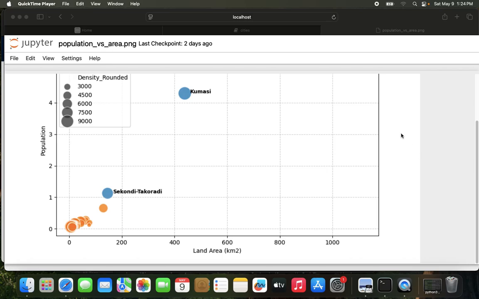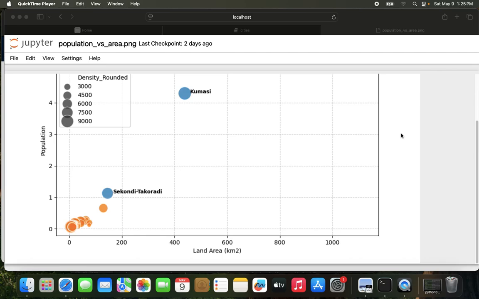In the previous tutorial, we visualized our data, which gave us more insight into our data sets. Now, in this tutorial, we're going to be performing some machine learning regression analysis. So we're going to be training a linear regression model, and with this model, we're going to be able to predict our population based on land area.